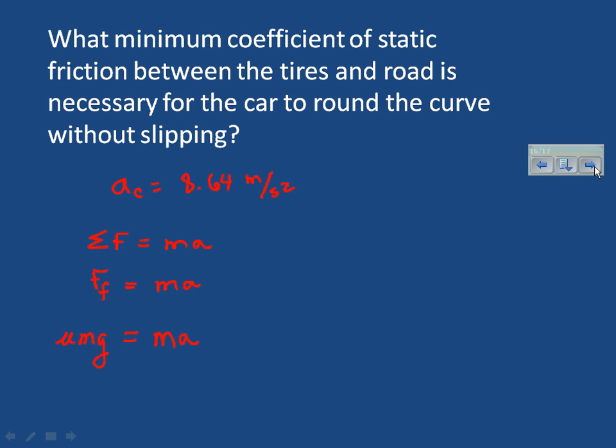Notice how your mass canceled, and your coefficient of friction is a divided by g. A is your 8.64 meters per second squared divided by 9.8 meters per second squared. And you have a coefficient of friction of 0.88 without any units on that variable. All right, that's it.